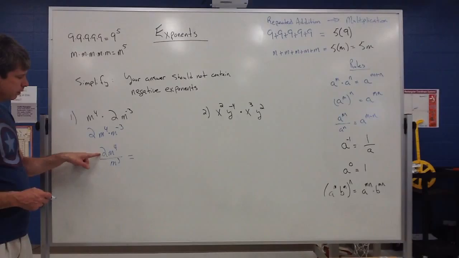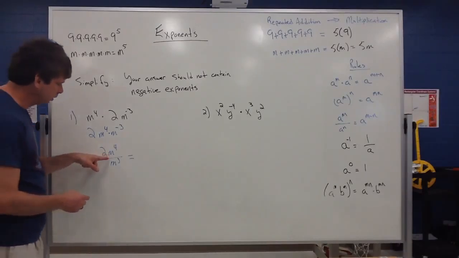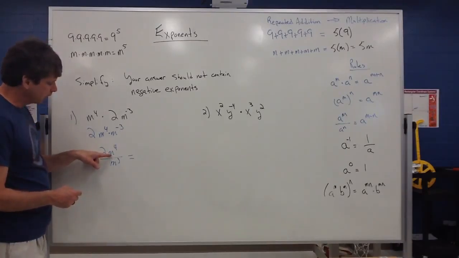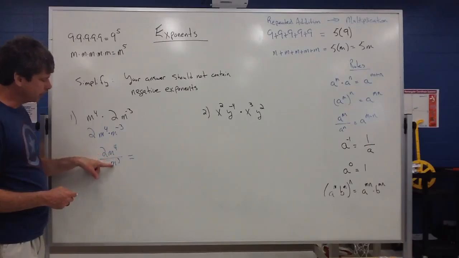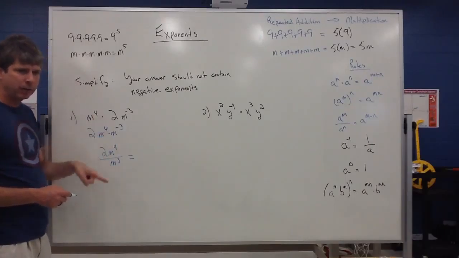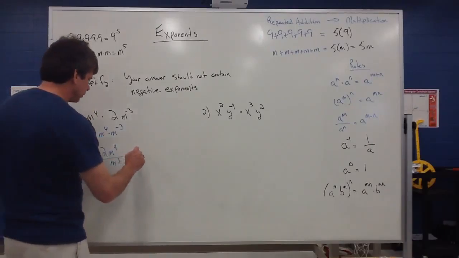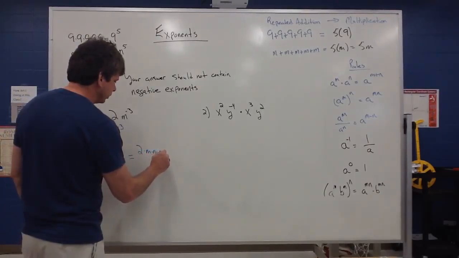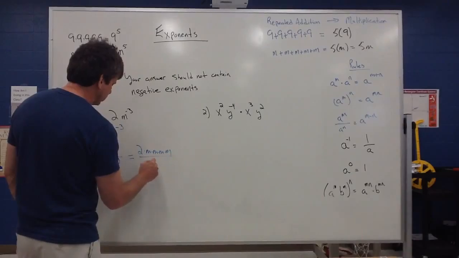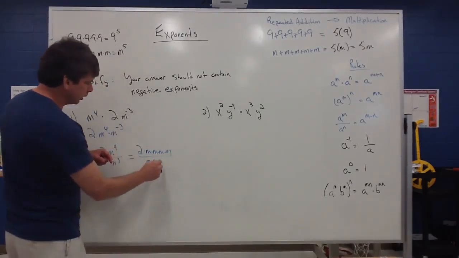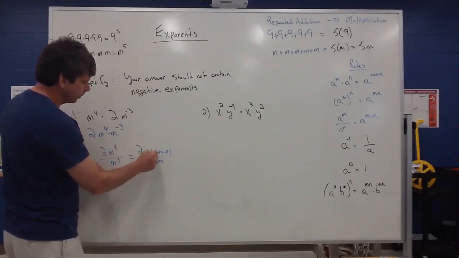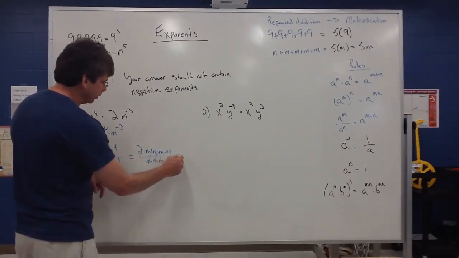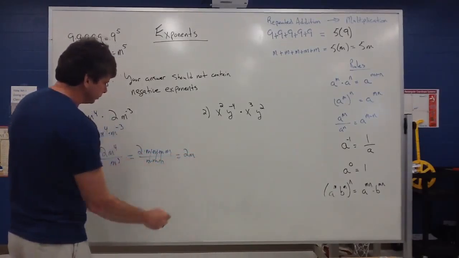And what I pick up on, the 2 is going to stay there, but over here, what I pick up on is, if I have 4 m's on the top and 3 m's on the bottom, I should be able to pick up on that I'm dividing 3 of those m's. So I can look at this as 2 times m times m times m times m over m times m times m. So pick up on that we're taking away. And what we're left with is just a 2 and an m.